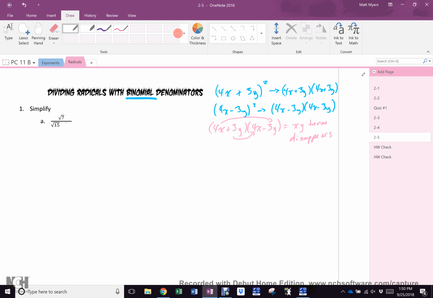We would multiply by root 15 over root 15, correct? Okay. Well, what if there was no root 15? What would we multiply by? Root 10 over root 10. But there's both of them. So I have to multiply by both of them.